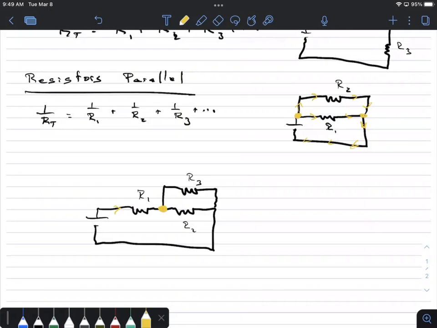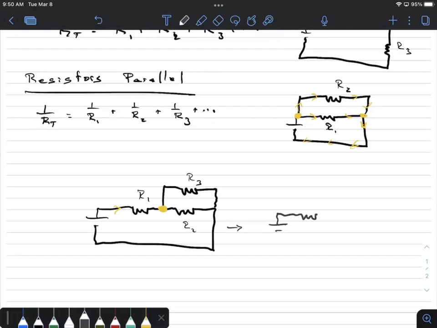It must choose a path. So they're in parallel. So I would combine R2 and R3 in parallel using the equation. And then this circuit will become a new circuit, which is equivalent. It's called an equivalent circuit. It just means it works the same way, but looks easier.